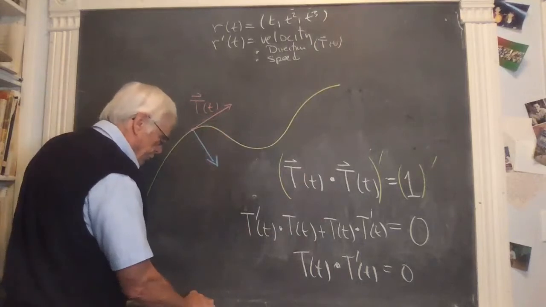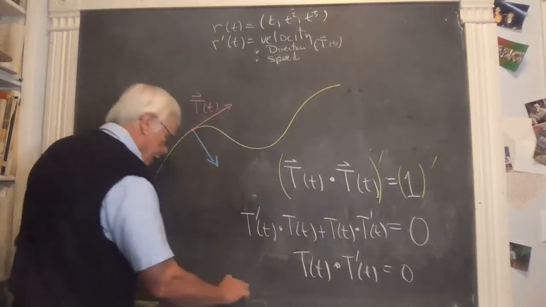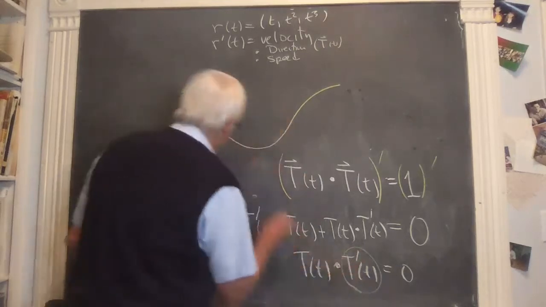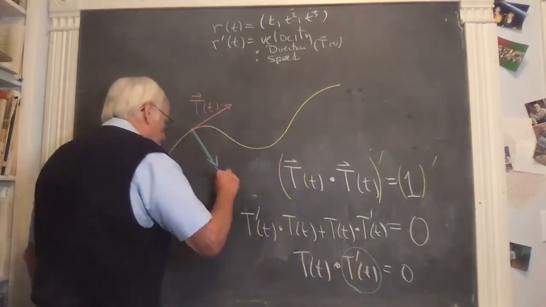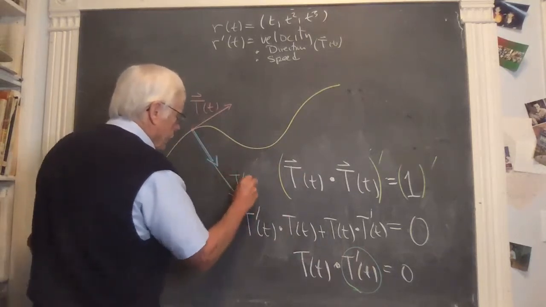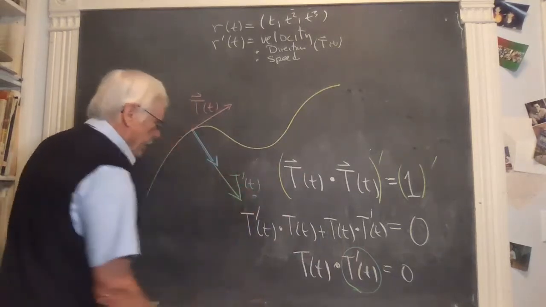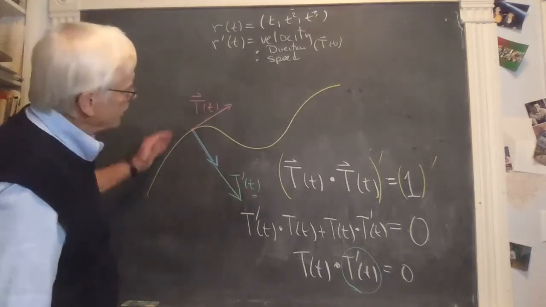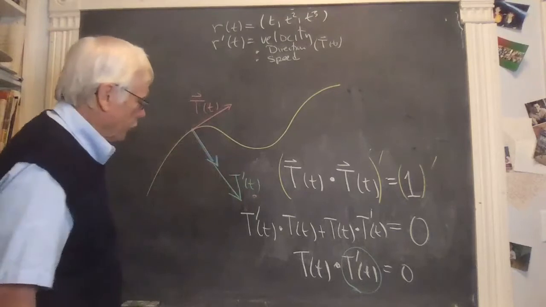So T prime of t, and I should put this in a different color. I'll put this T prime of t in green. It might be short or might be long. You don't know what the length of it is. So here is T prime of t. What you do know is that it is perpendicular to T of t, and it also points in the direction that you're curving in.